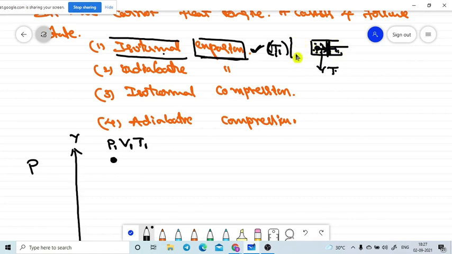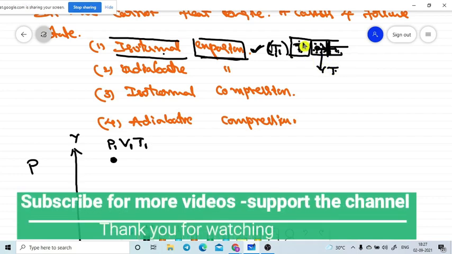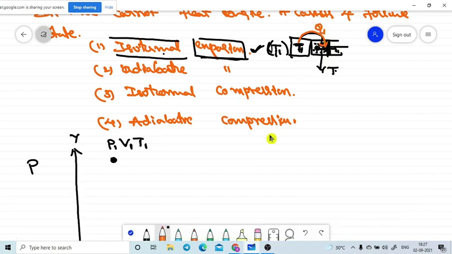Here we keep the source. The temperature of the source is the highest temperature T1. While the system's temperature is dropping, some heat energy will be allowed to pass from source to system. That heat energy, let me take it as Q1, because we need to maintain the constant temperature.